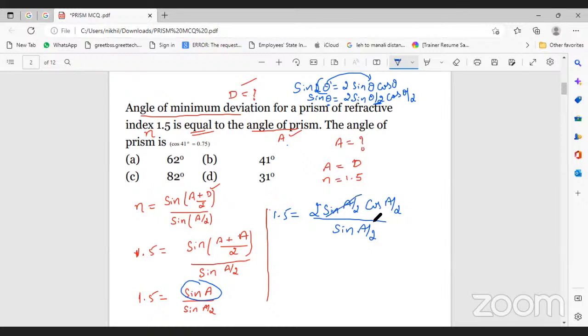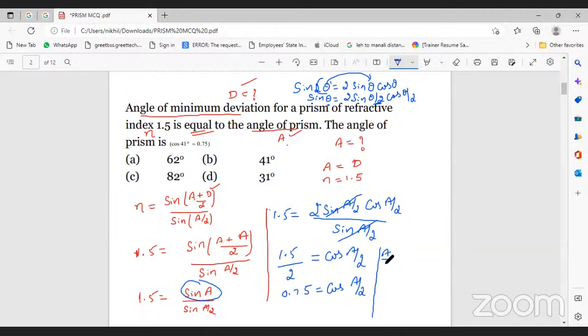So sine A by 2 and sine A by 2 will get cancelled out. So 1.5 divided by 2 will be equal to cos A by 2. What is 1.5 by 2? 0.75, which equals cos A by 2.